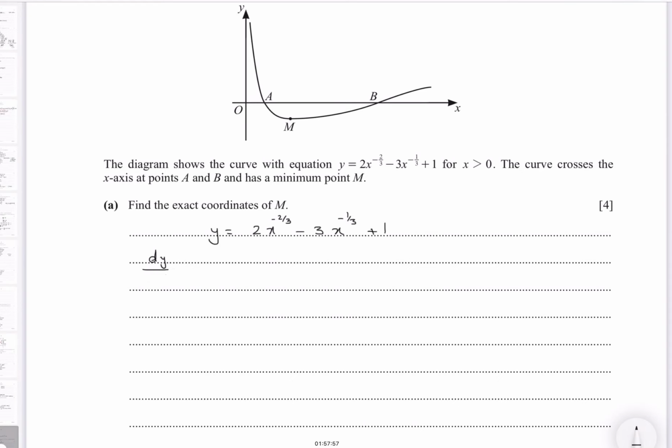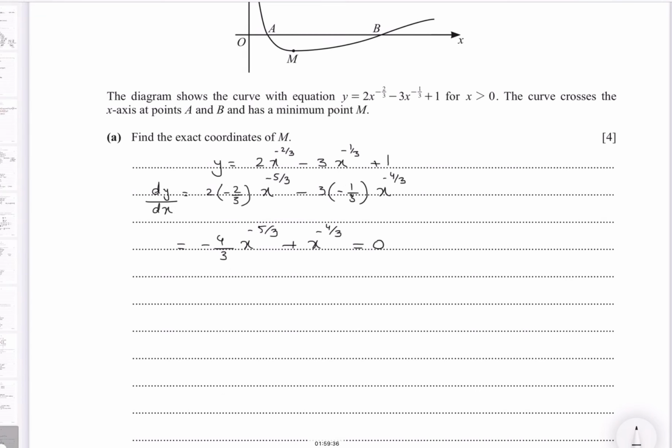So what you have to do, you have to differentiate the equation. Now this is our differentiation.